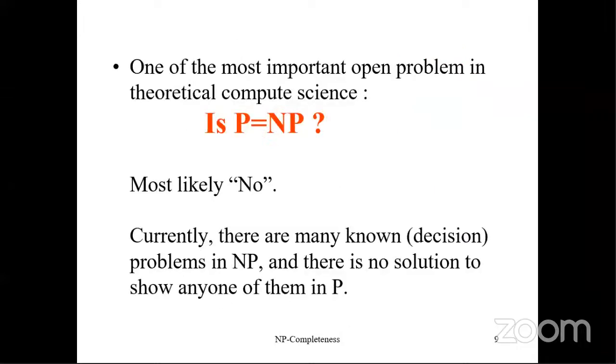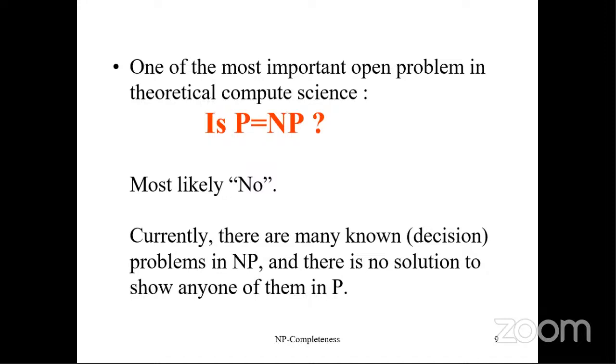So one of the most important open problems in theoretical computer science is to find out if P equals NP. Most times it is not. We have not found problems that guarantee that P is equal to NP.